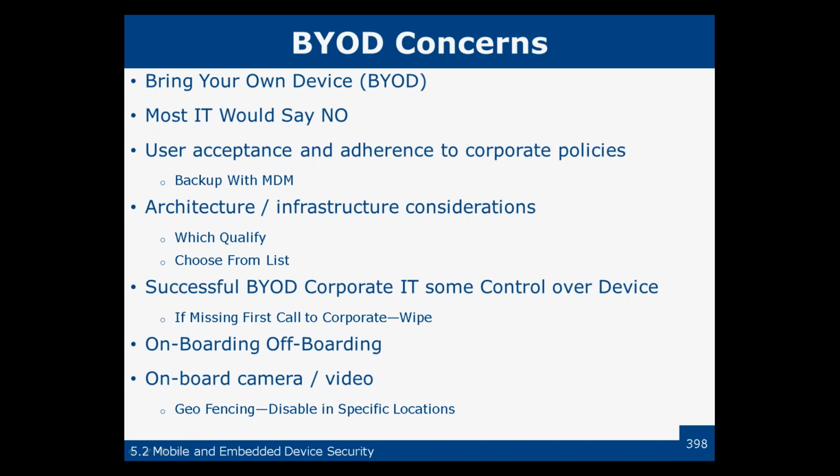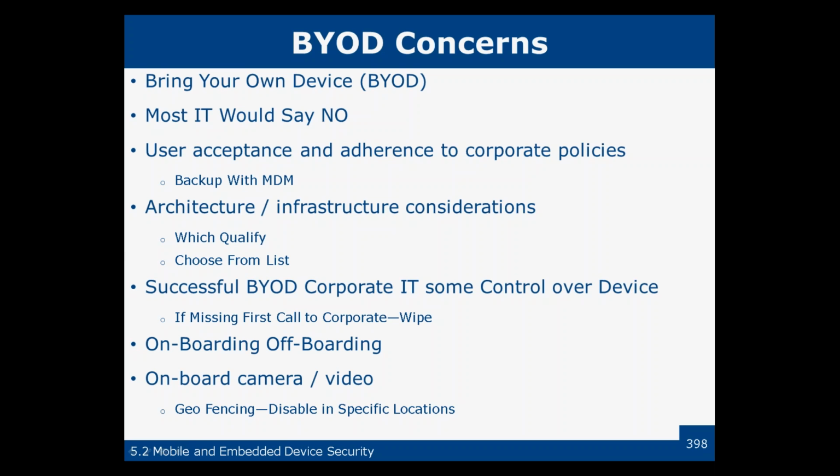If it's a company device, it's not an issue, and it might be easier to issue corporate phones and corporate tablets to the individuals to use on the network. Then you can control them and then let them take them home if they want to.